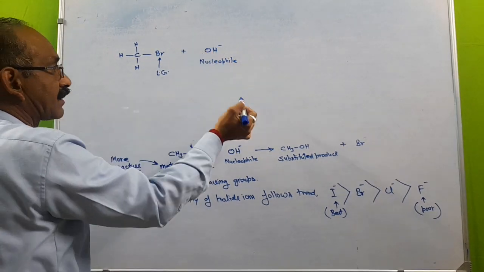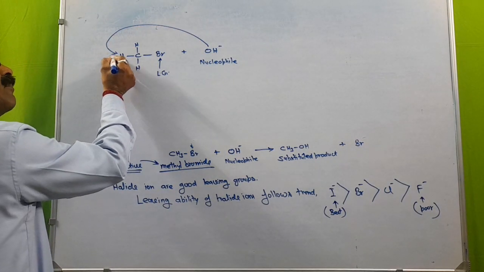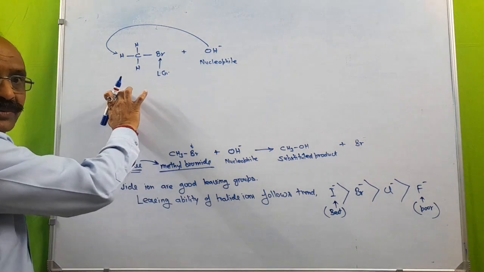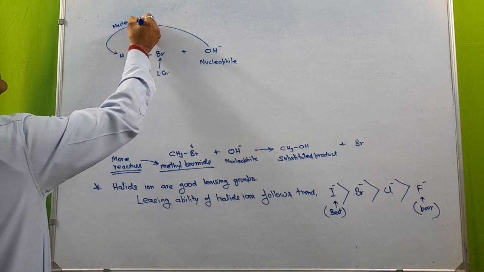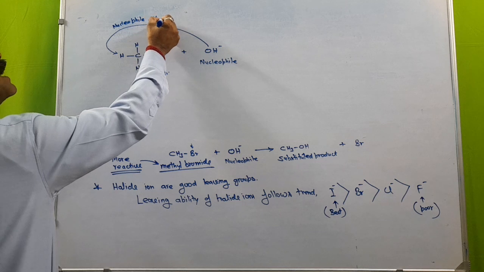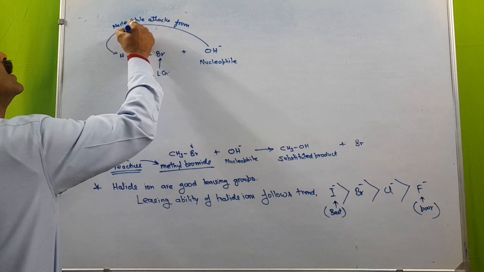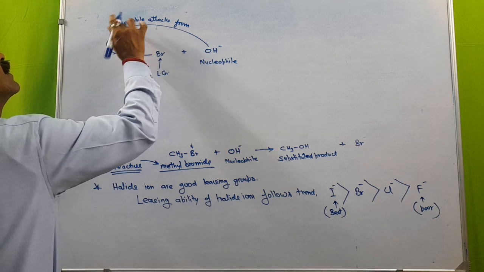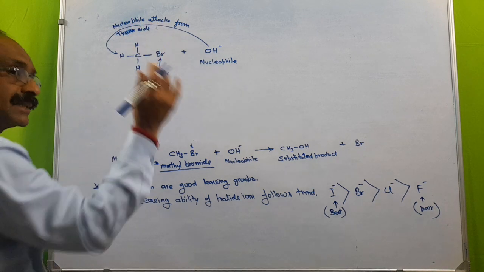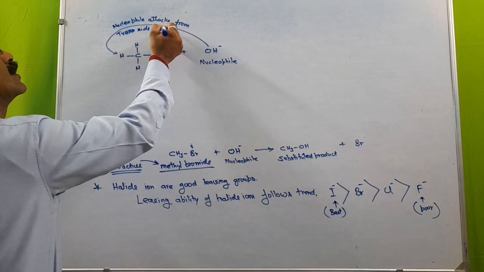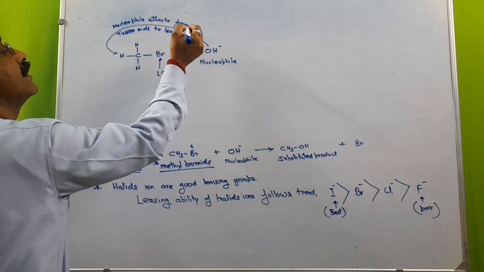Now in this SN2 mechanism, the nucleophile approaches from the back side to the leaving group. See here, the nucleophile attacks from the trans side, meaning from the back side, opposite side to the leaving group.